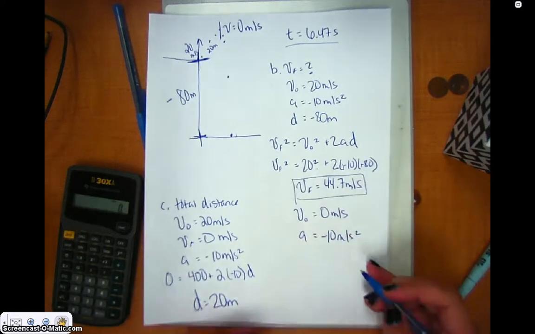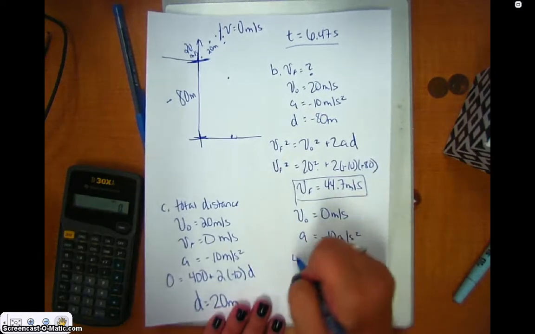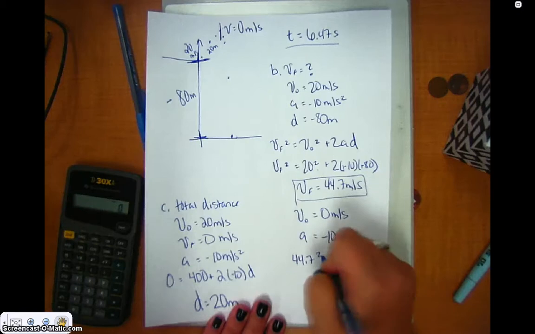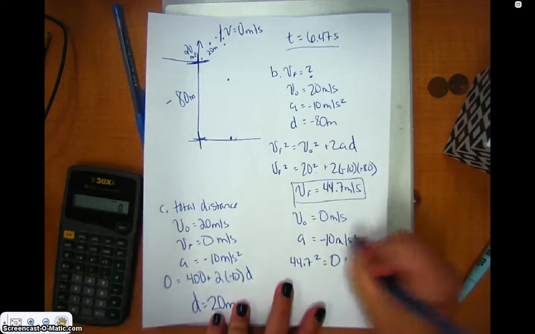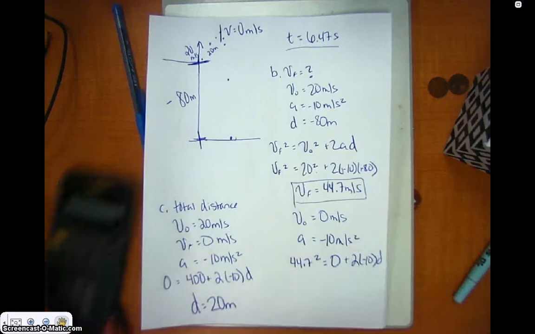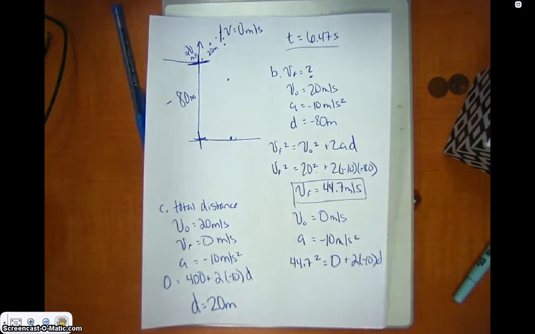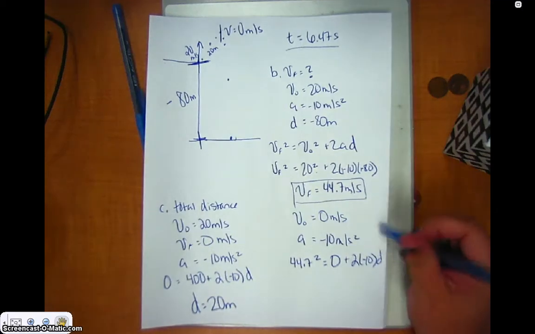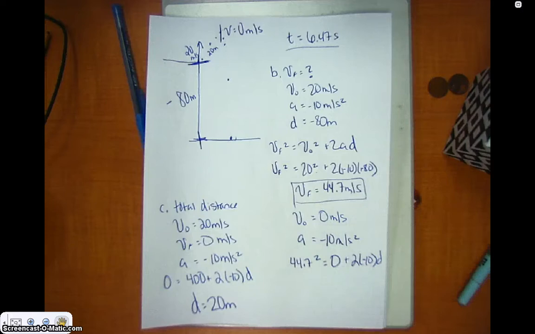And so I'm just going to solve for d this way. So 44.7 squared is equal to 0 plus 2 times the negative 10 times d. And this will end up being a negative number because this really means displacement, and I'm using acceleration. But it's a distance, so we can just take the absolute value of that to get the scalar quantity.